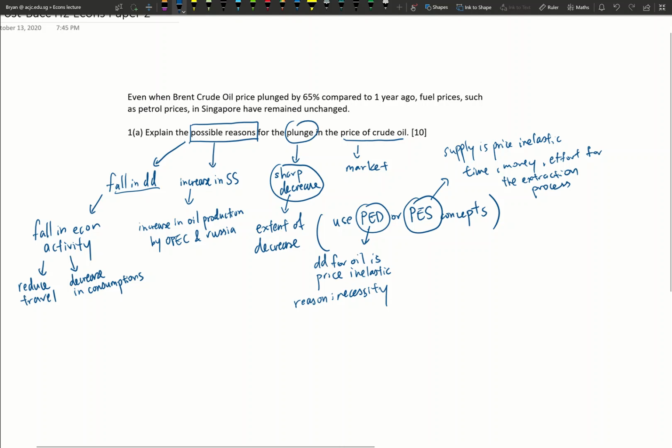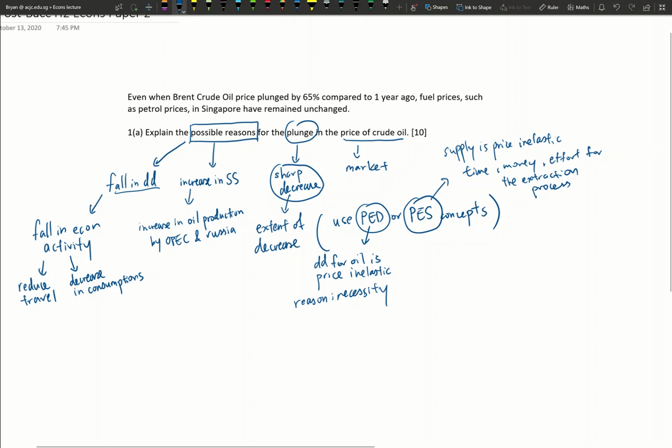So in summary, to answer this question is quite simple. We identified that it's a demand and supply topic. And when we have determined that as a topic, we should always try to look for different factors that can help us explain changes in demand and changes in supply. And to talk about the extent, we can use elasticity concepts, and we try to use the most relevant one.